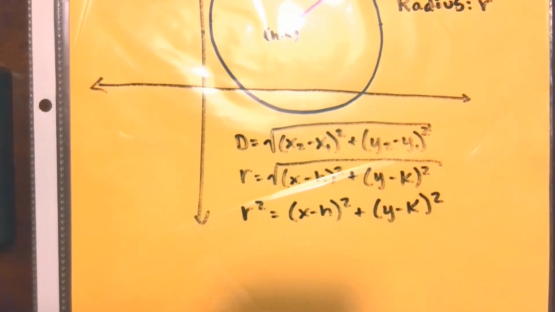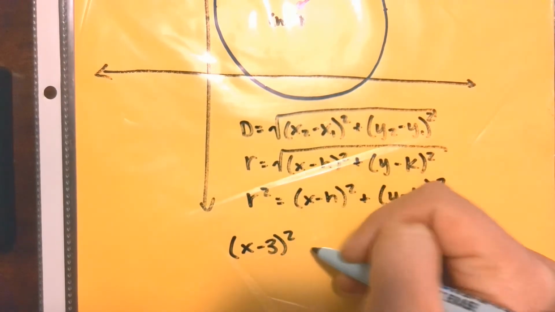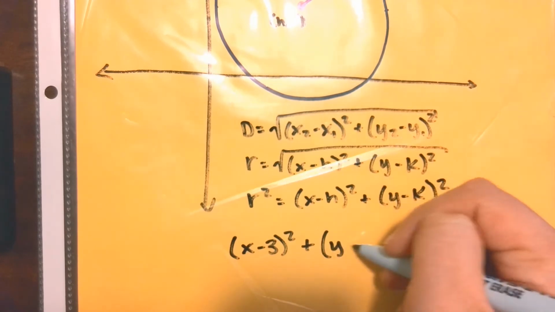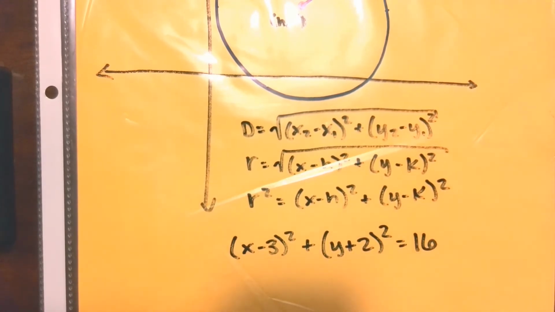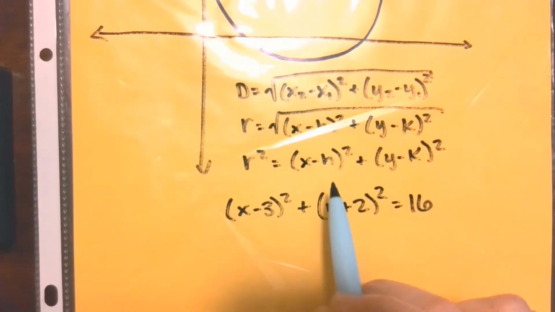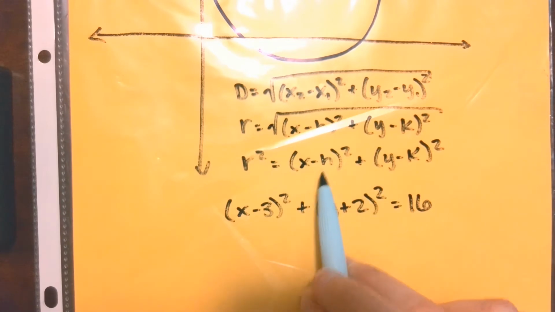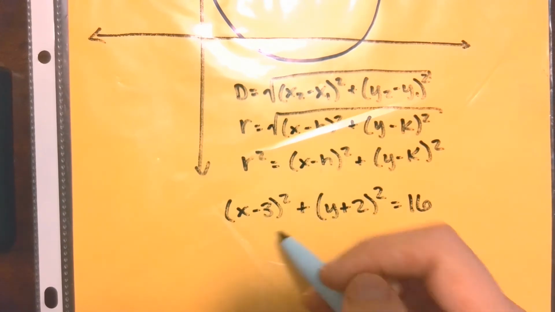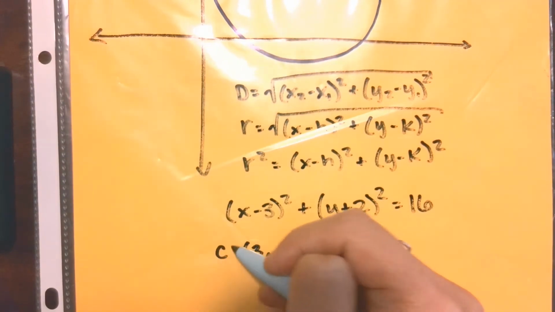So if you were given the equation, maybe (x minus 3) squared plus (y plus 2) squared equals 16, something like that, then we could say, okay, because we're already subtracting here, we're always going to take the opposite of the sign. So that means that my x had to have been a 3 for the center.